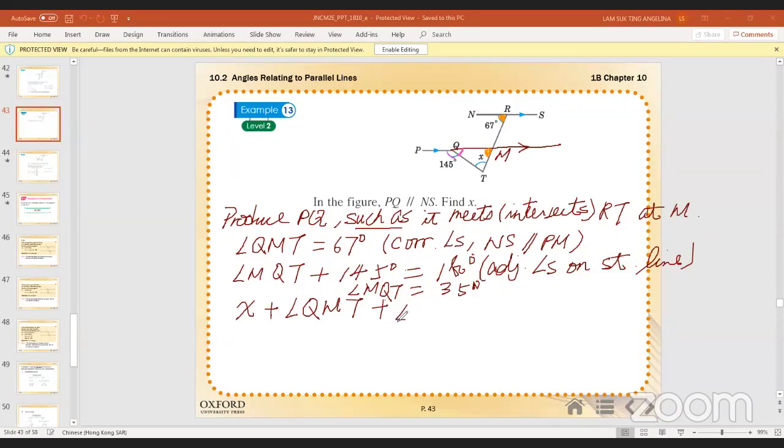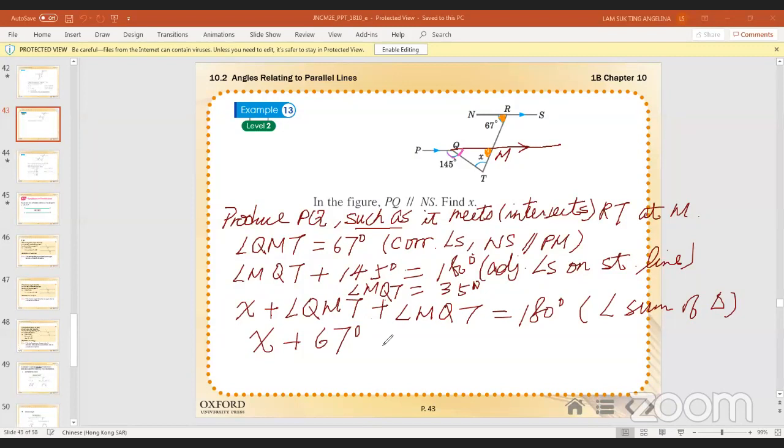And then plus angle MQT, 180 degrees. Angle sum of triangle. And then you can substitute the values. Do you still remember this word? Substitute the value. 65, 67, 35 degrees. 180 degrees. So what is x? What is x?